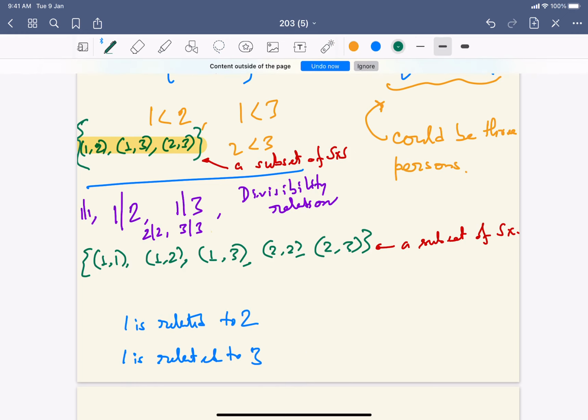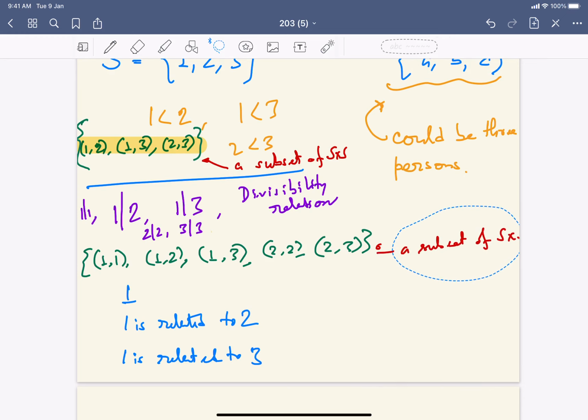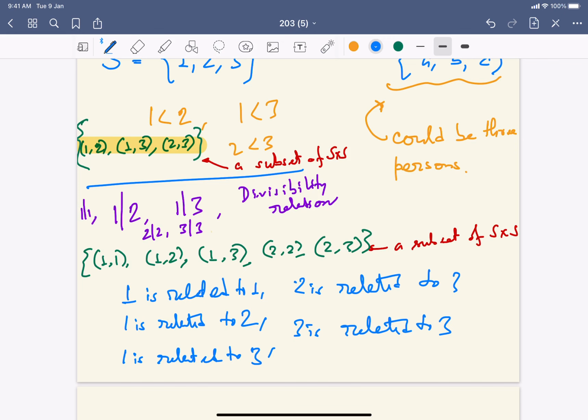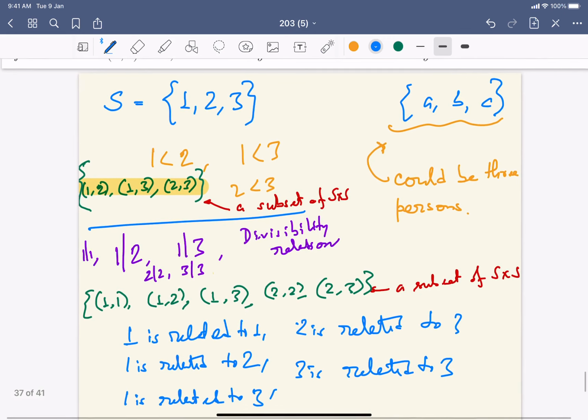So 1 is related to 1, and 2 is related to 3, and 3 is related to 3, etc. Anyway, by now I think you have understood what I was trying to say.